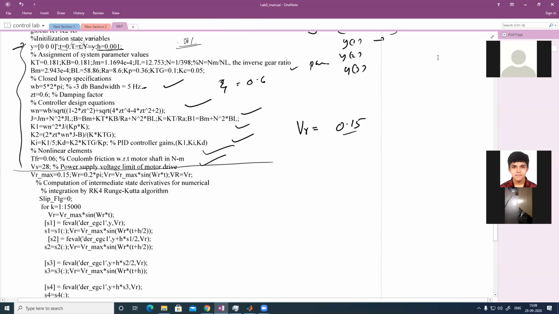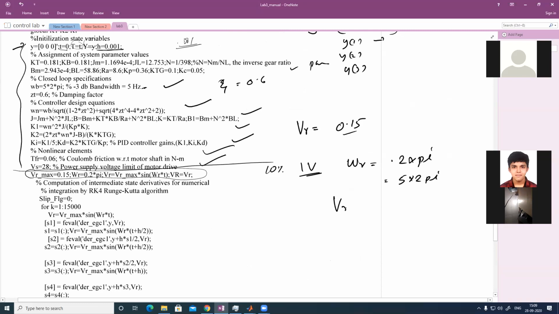But here it is taken something different. The 10% is 1 volt only, and this omega r is 0.2 into pi here, but in your case you have to choose 5 into 2 pi.